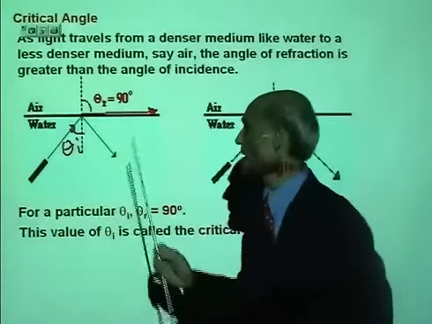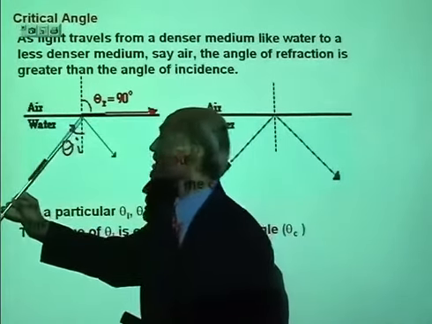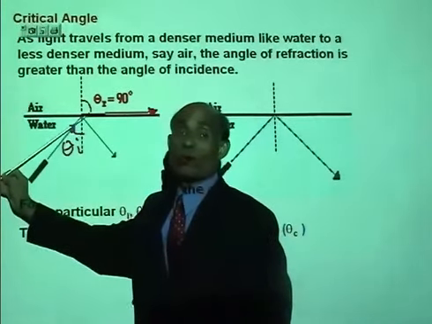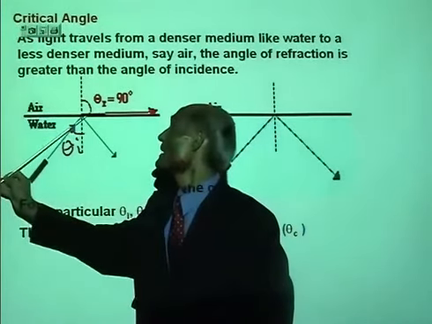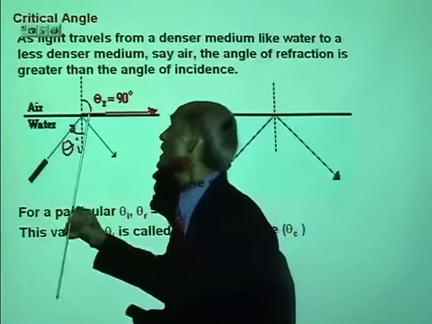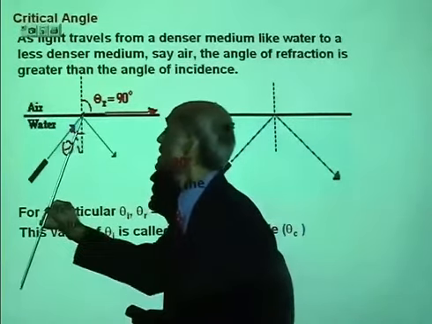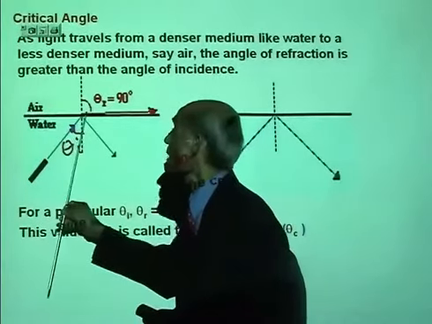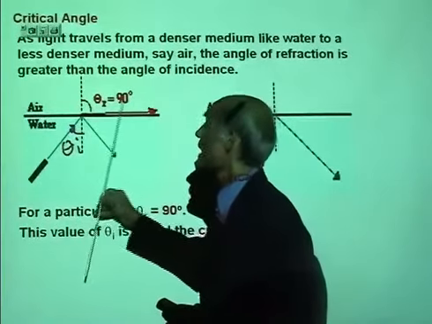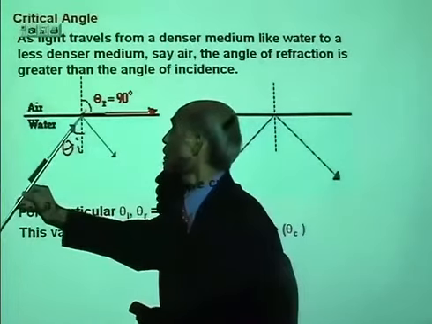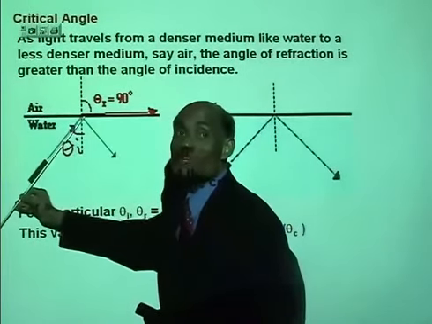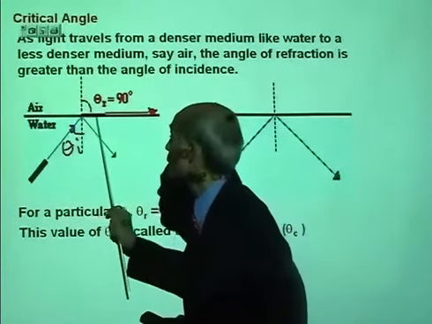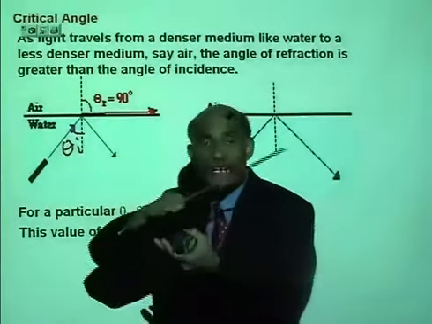Now, can you tell me, if now the angle of incidence is greater than the critical angle, what will happen to the ray? You see, earlier you had the angle of incidence less than the critical angle, the ray emerged into air. Now, for the angle of incidence equal to the critical angle, the ray goes parallel to the interface.